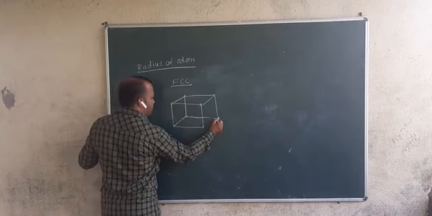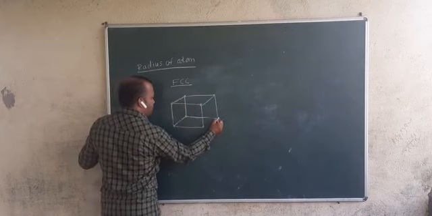So what was the formula of packing fraction? Volume of an atom upon volume of unit cell. Volume of unit cell you got a cube. So you know only one sphere can be formed.